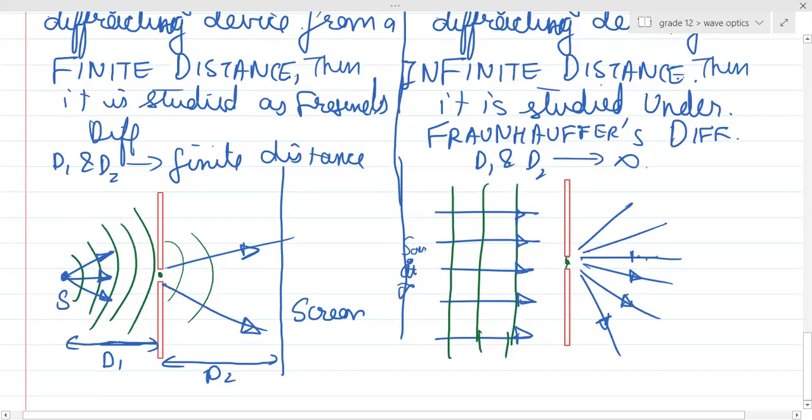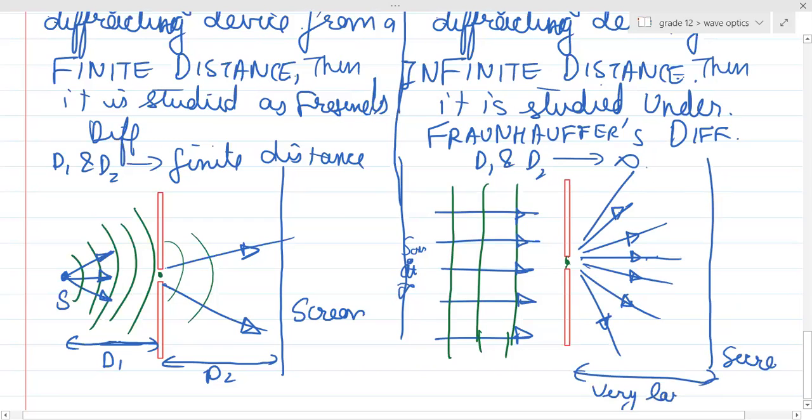And again a pattern will be formed on the screen, which is also placed at a very large distance. So this object is also placed at a very large distance. So d1 is very large and d2 is also very large.